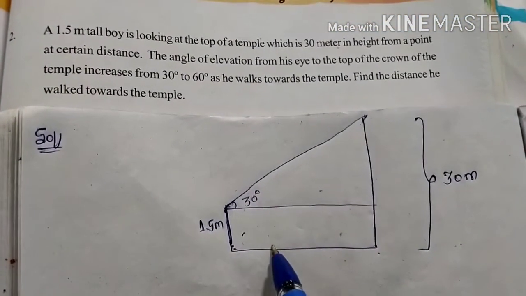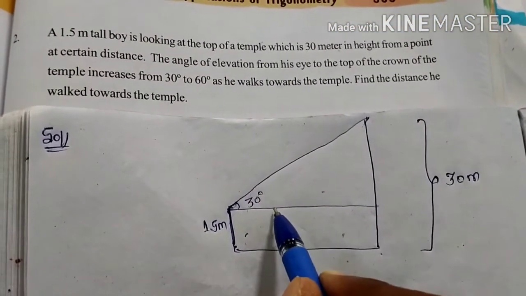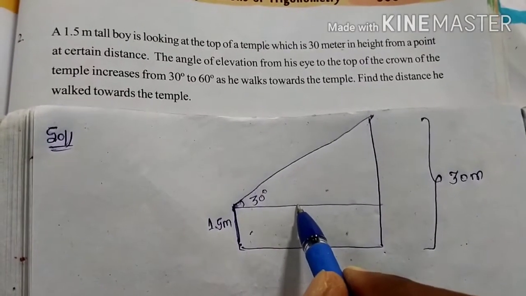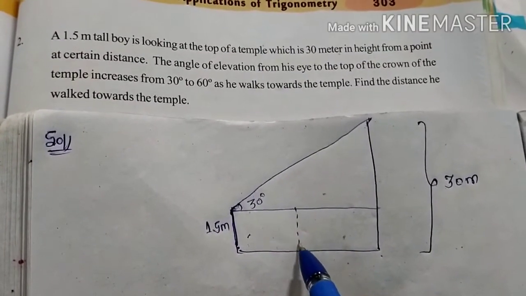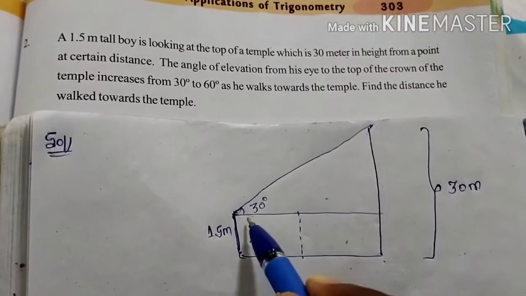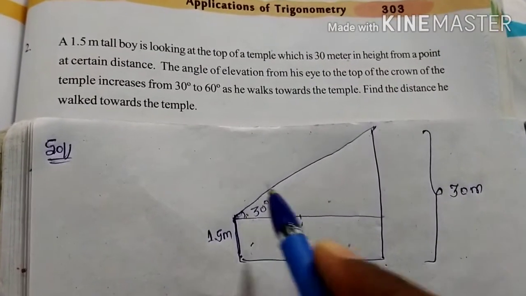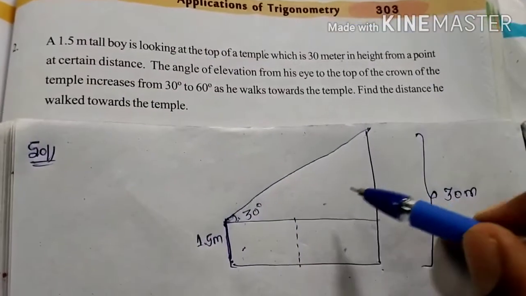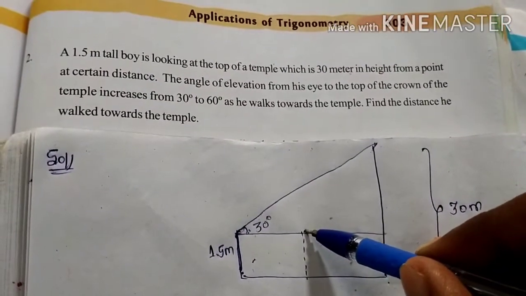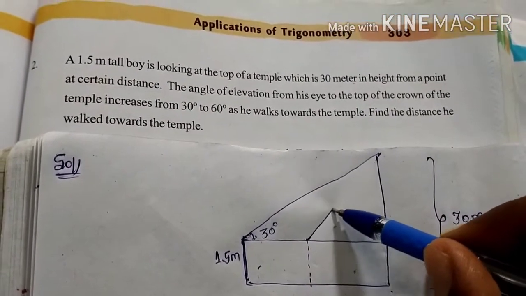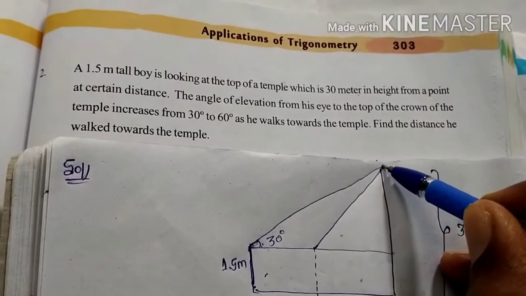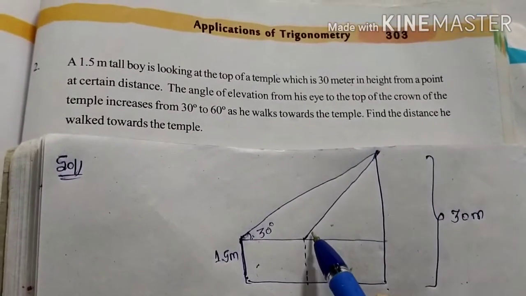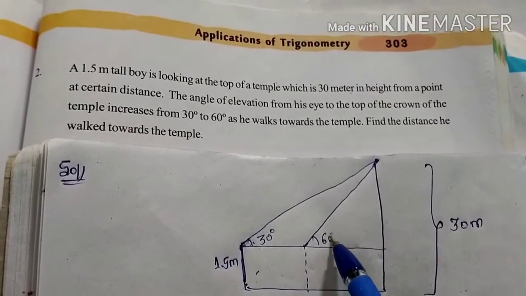He walked towards the temple, that means he traveled up to here. Then the angle of elevation increased from 30 degrees to 60 degrees. From this point, the angle of elevation is 60 degrees.